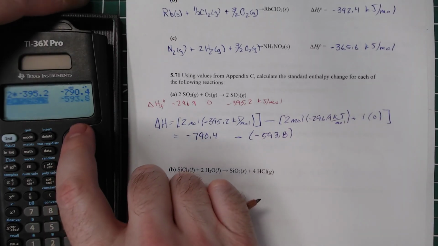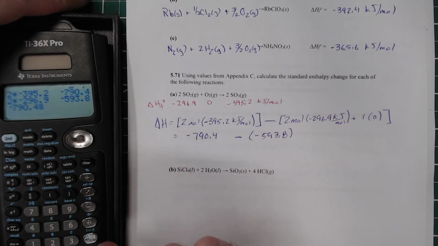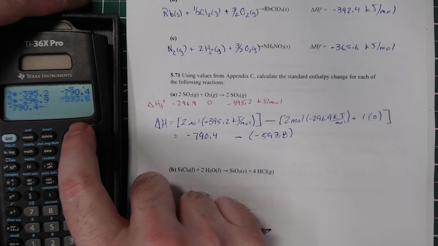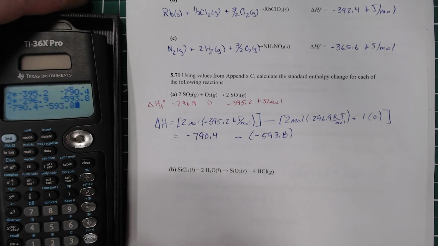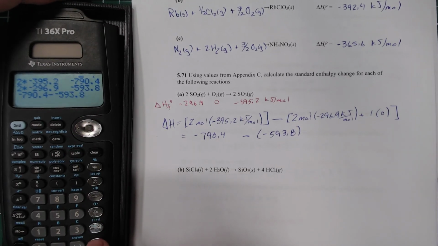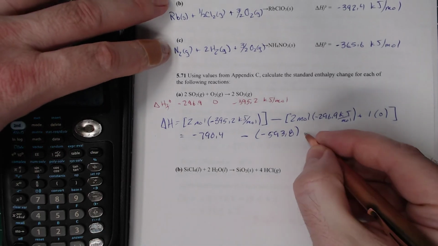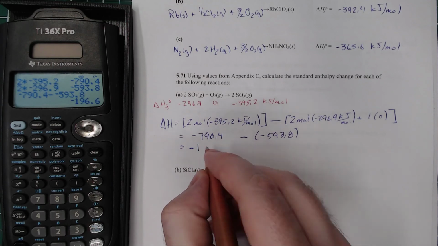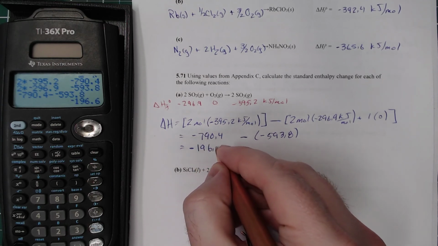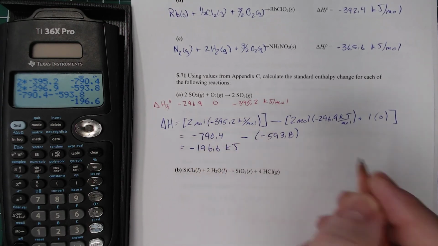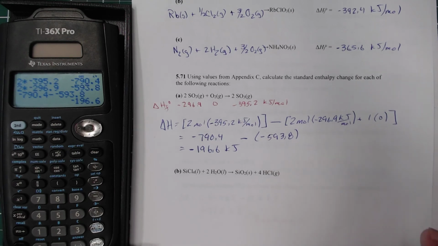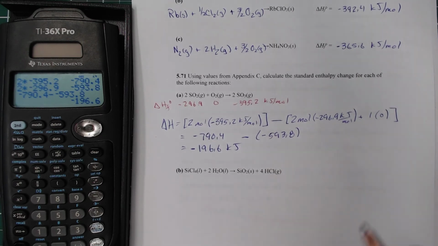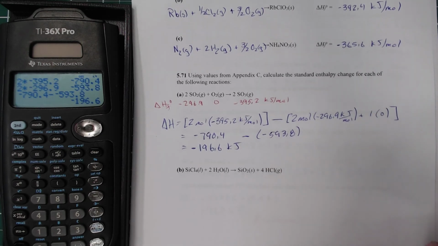All right, so I'm going to go up and grab that number minus that number, and we'll get negative 196.6 kilojoules. So negative 196.6 kilojoules. All right, and so that is the enthalpy of that particular reaction.